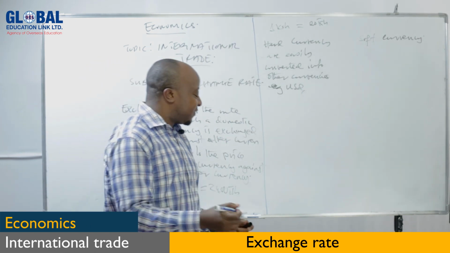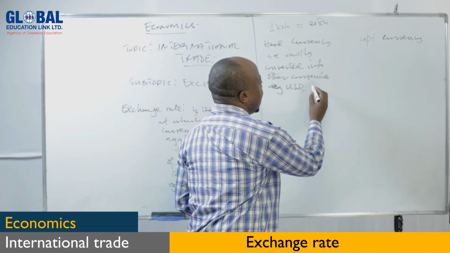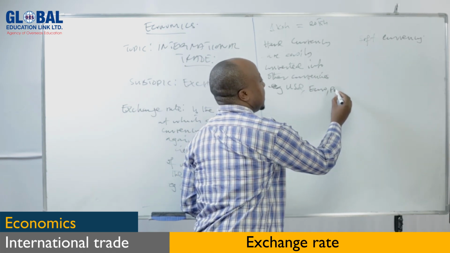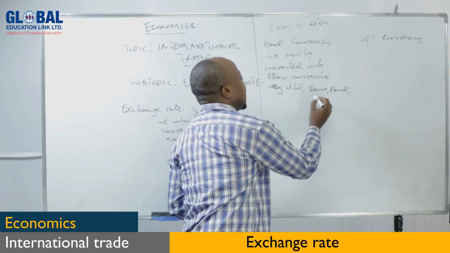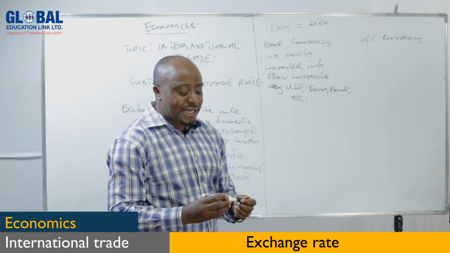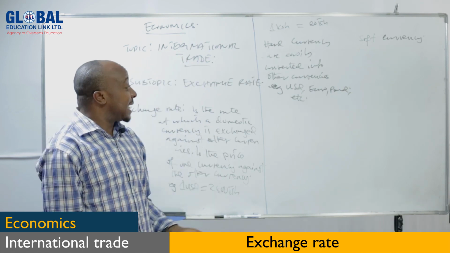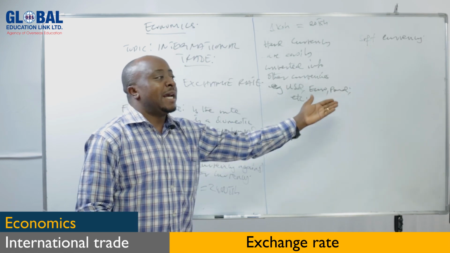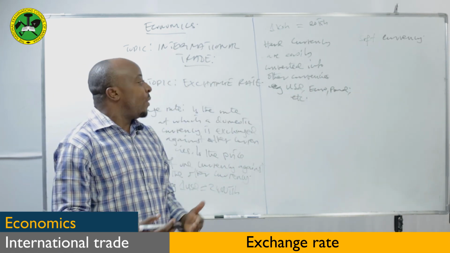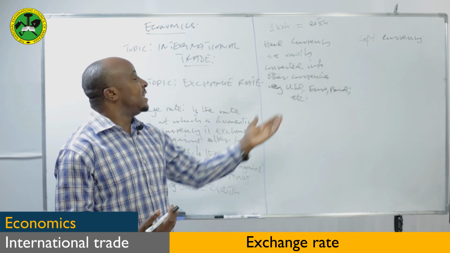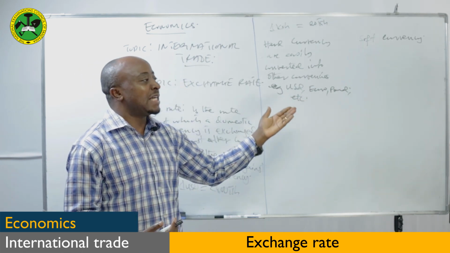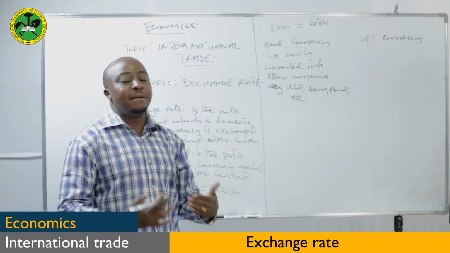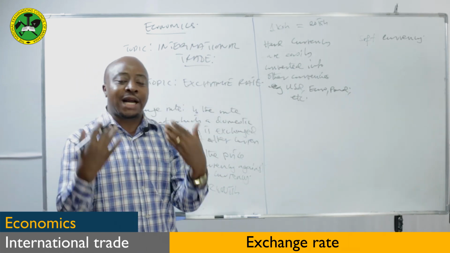We have other currencies, for example the euro, the pound, etc. Such currencies, you can find them everywhere. Maybe in developing countries or even developed countries, it is very easy to find these currencies circulating in the economy. Though we have our domestic currencies, these are mostly preferred in exchange of goods and services, just because they can easily be converted from one currency to another.